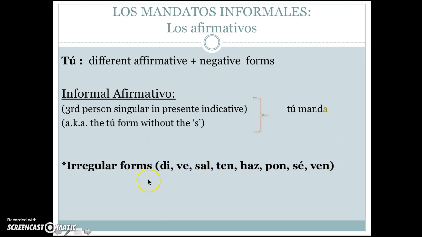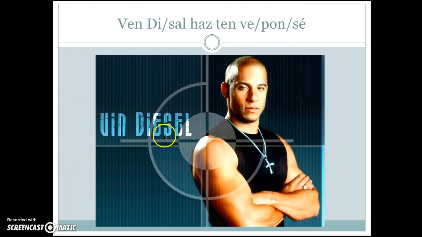tú affirmative commands. These irregulars are only for the affirmative tú commands. Well, there's a little trick here. They're ven for venir, di, decir, sal, salir, haz, hacer, ten, tener, ve, ir, pon, poner, sé, ser.